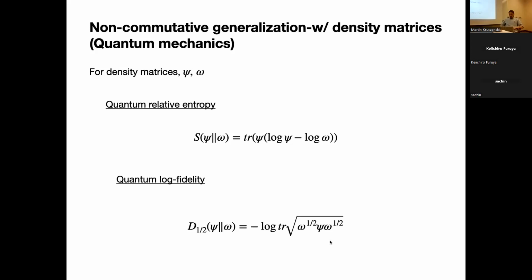So these are some major information measures in quantum mechanics.